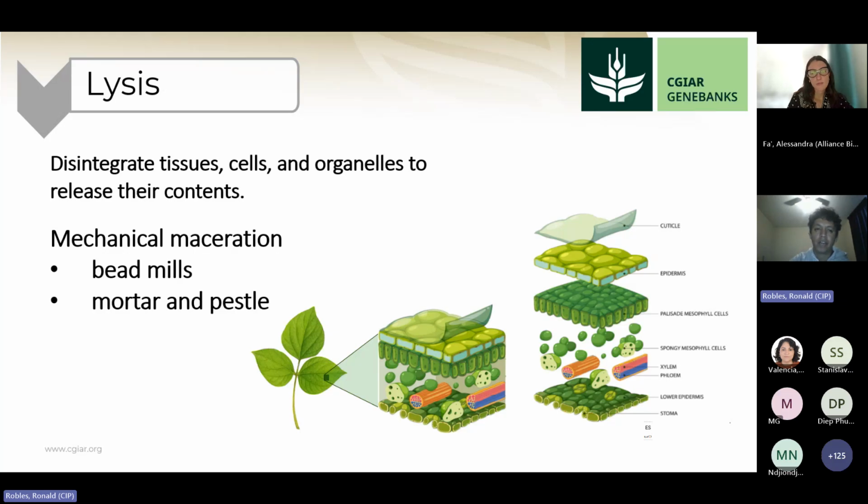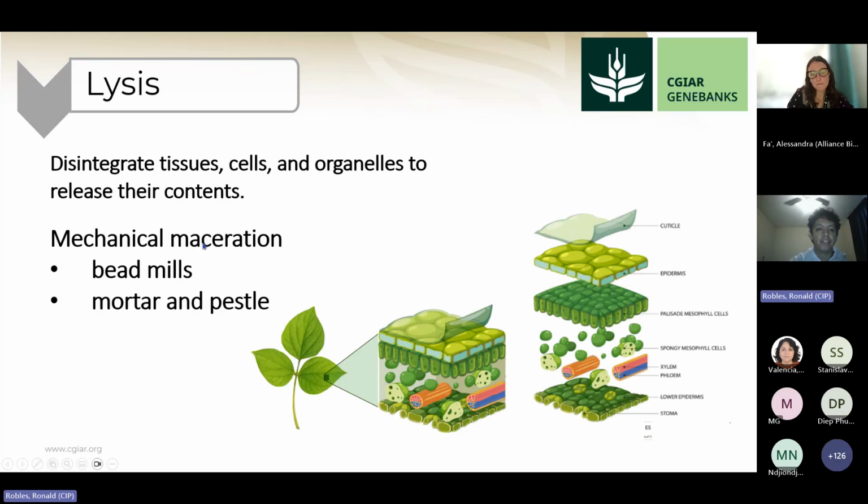The plant cells have not only cellular membranes, but also other structures, so the tissue is very difficult to grind, to break. For this reason, we use some molecules that help to degrade the tissue and release the content, because we need to release the DNA from the nucleus.